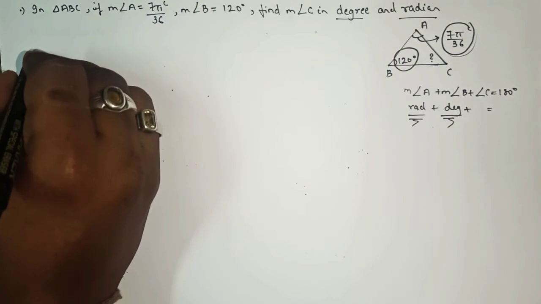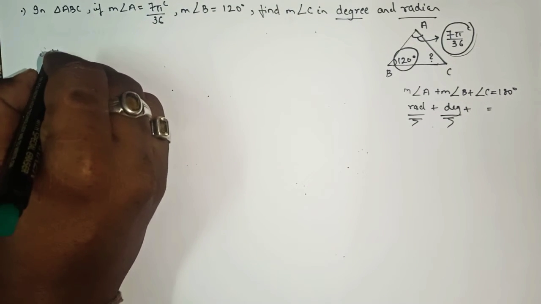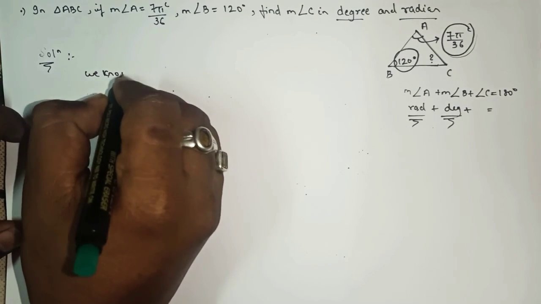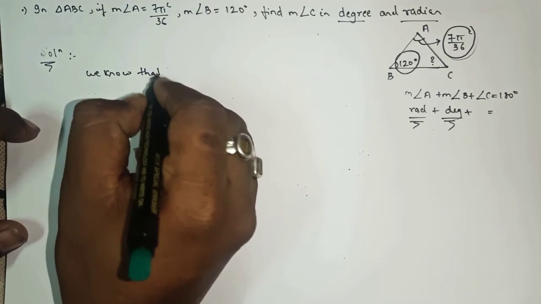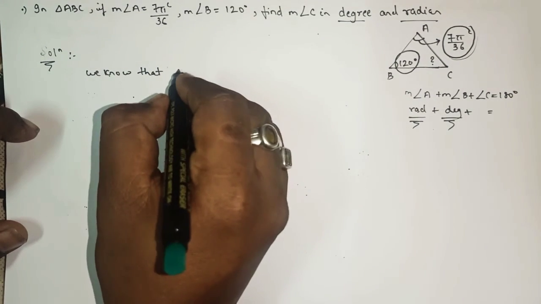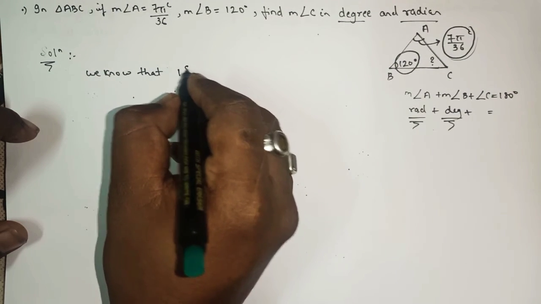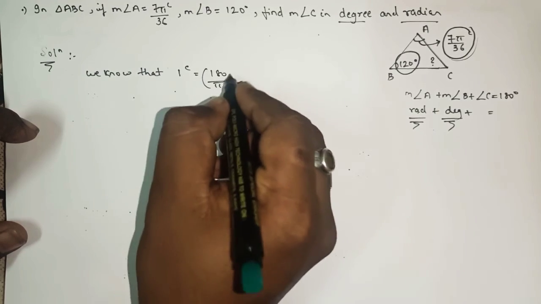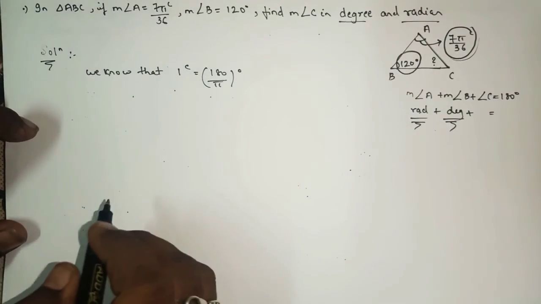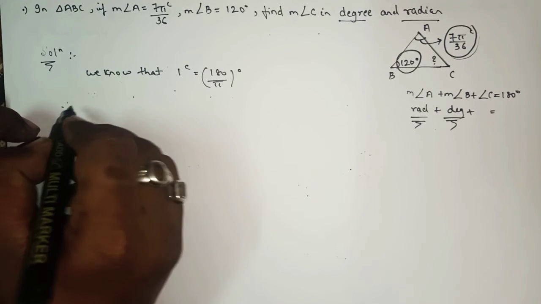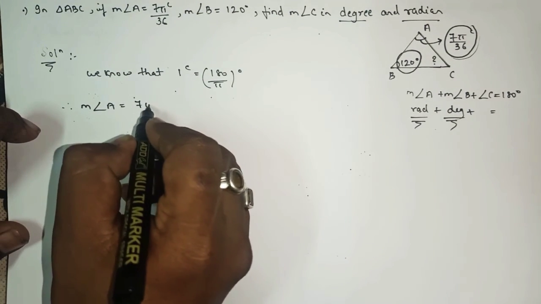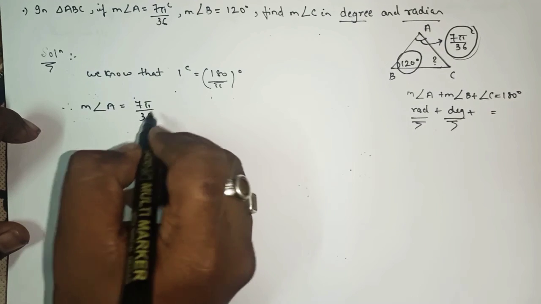So here we'll start with the solution. We know that 1 radian is equal to 180 upon pi degree, yes or no? Here the measure of angle A is what? 7 pi by 36 radian.